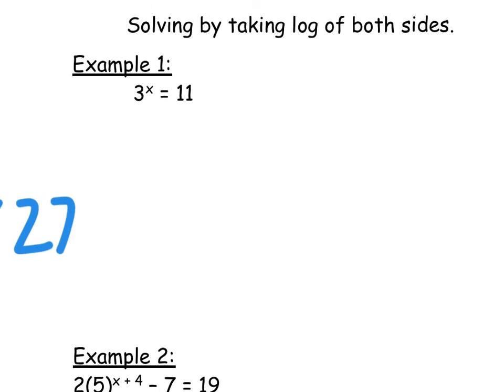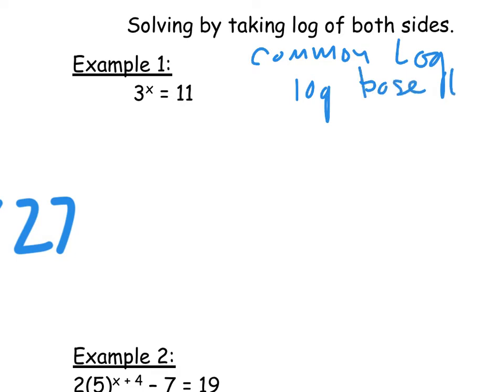And the common log, I'll write it here, log is log base 10. So if you just see LOG like this, it has a little base 10 there. Anything with the common log, it's base 10, and it could be any base really, but this is how it works. This is how you would use it.